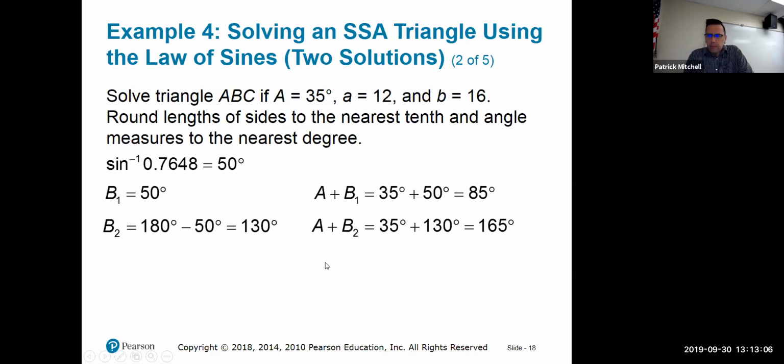In this case, they both add up to be less than 180, which means that there are triangles that have these specs that were given and have either one of these choices for angle B. So what we have to do now is find both of them.